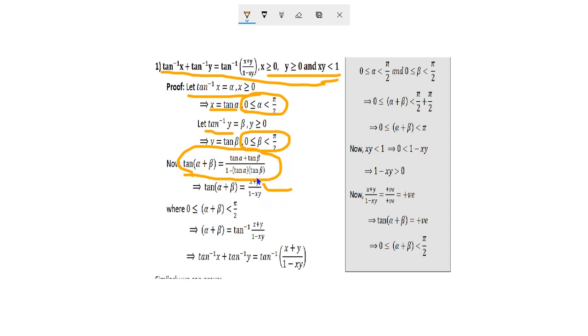Now, alpha plus beta can be written as tan inverse of x plus y divided by 1 minus xy if the condition is that alpha plus beta lies in the interval of the range of the tan inverse function.